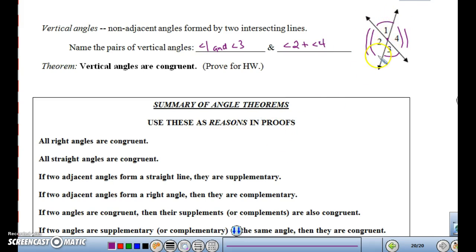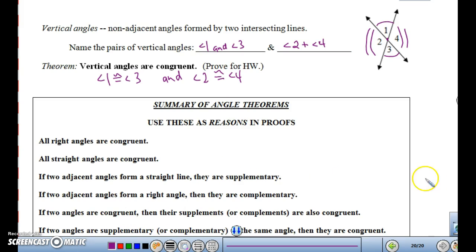They make a V. Here's a V, here's a V. All they have in common is their vertex. And the theorem about vertical angles is that vertical angles are congruent. So angle 1 is congruent to angle 3, and angle 2 is congruent to angle 4. You're actually going to prove that theorem on your homework.